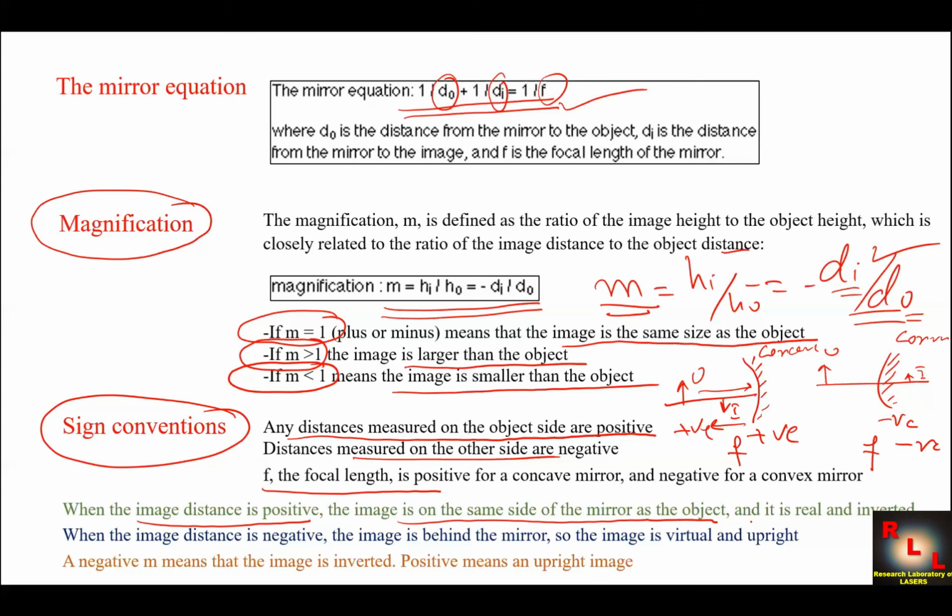If the image is formed on the same side as the object, the image is real but inverted. The image distance is negative if the image is formed behind the mirror, meaning on the side which is polished. In this case, the image is virtual, but it's upright. It's not inverted.